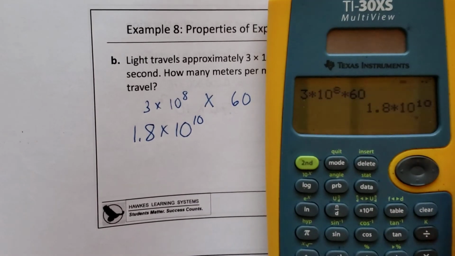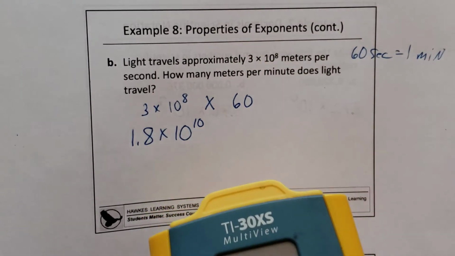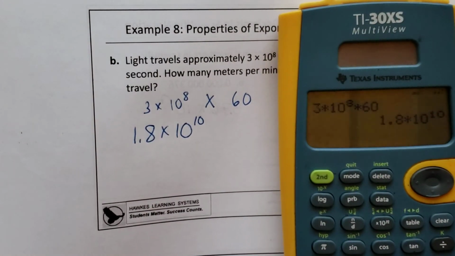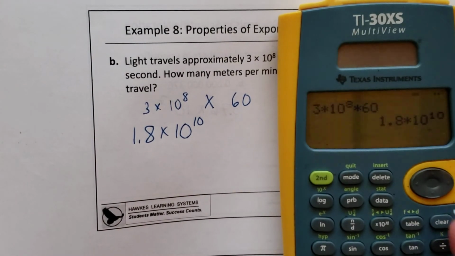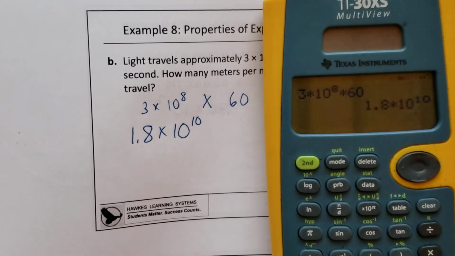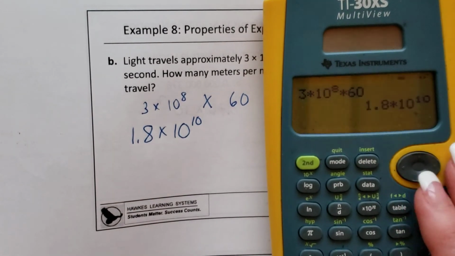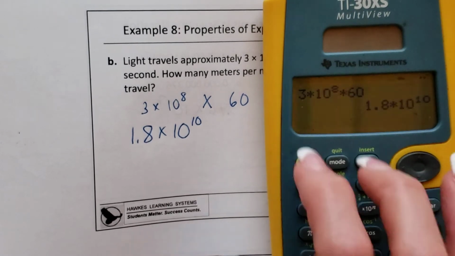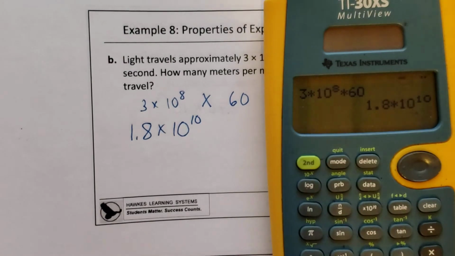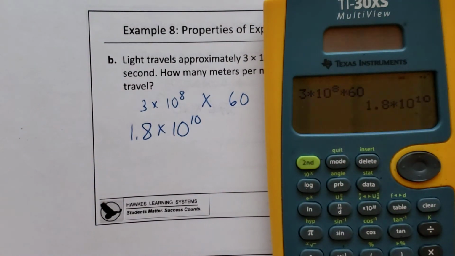Oh, I thought I took it off scientific notation mode. But it's still giving it to me. So without it being on scientific notation mode, it still gave me that answer. So maybe your calculator will too. I'm not really sure, but anyway, if it gives you a huge number, I've already shown you how to write it in scientific notation. So you would just have to do that part, okay?